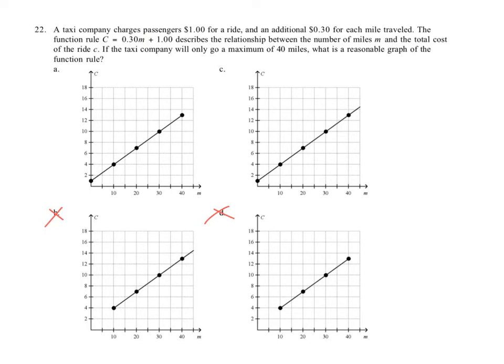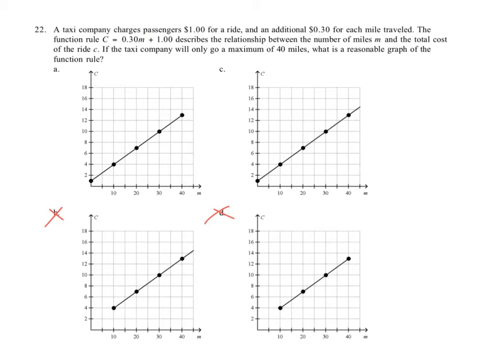Although you can go 0 miles. Like I said, you can jump in, they put the meter down, you immediately say, oops, I made a mistake, and then they say, well, okay, we got to charge you for 0 miles plus $1. But the maximum that you could go is 40, so it's got to be less than or equal to 40. So this is a domain for the situation.